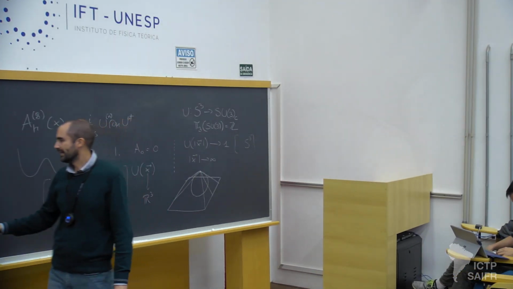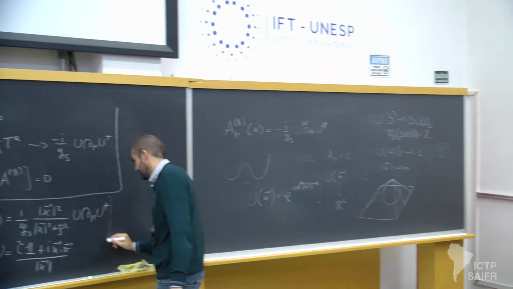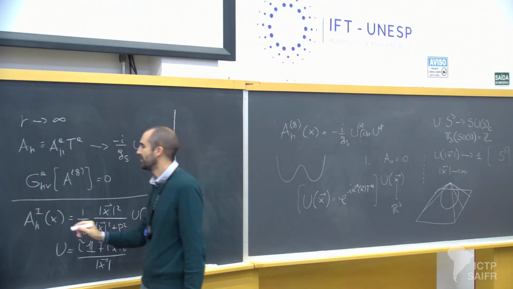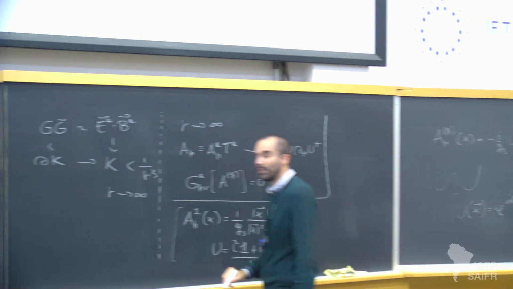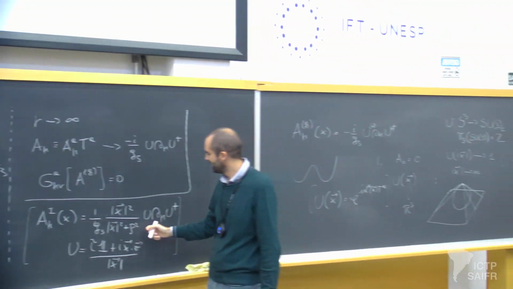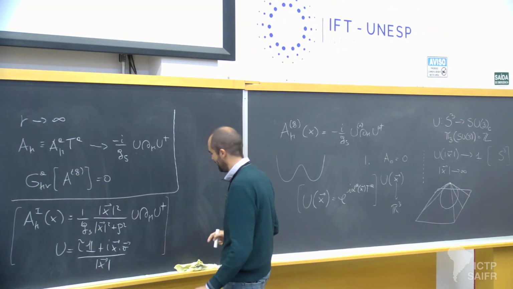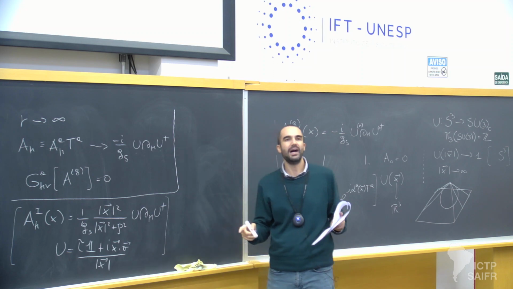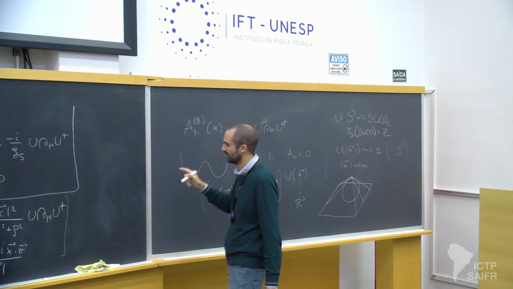And one can show that this solution that I just wrote down is interpolating between them. More precisely, the expression that you have here is interpolating between two vacua that differ by 1 unit.